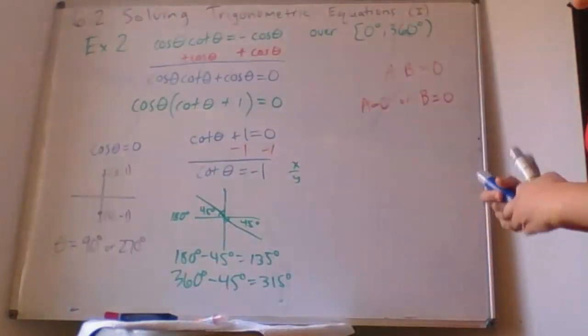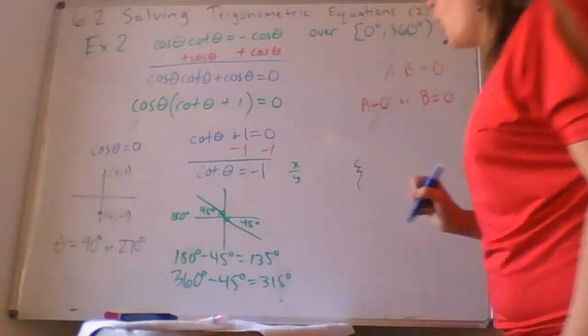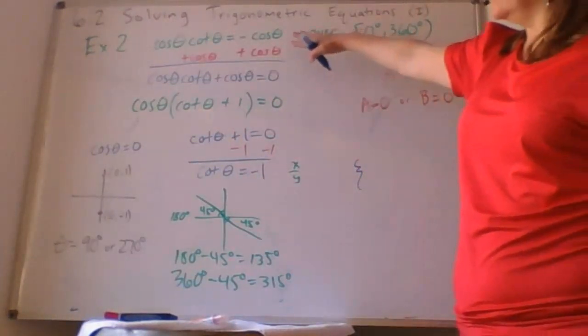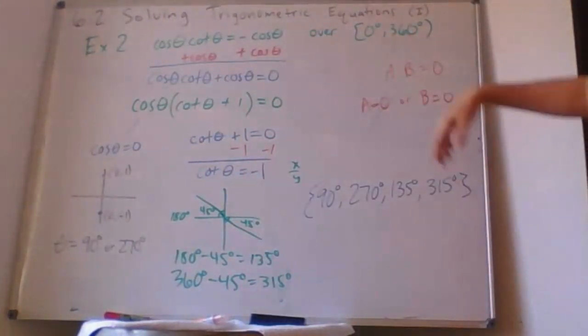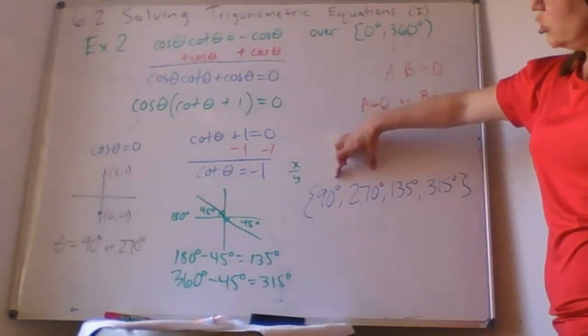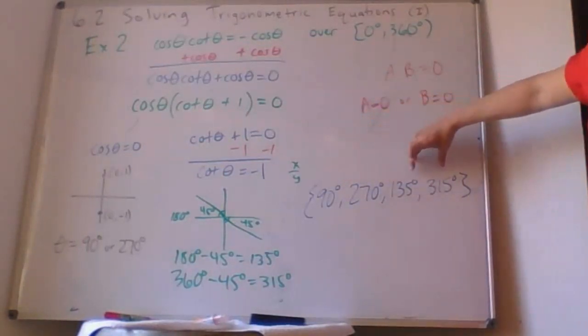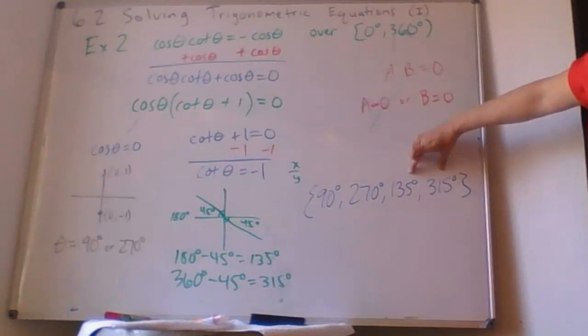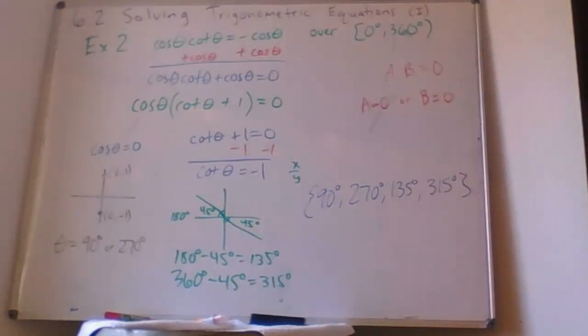Therefore, putting our answer all together, we have 4 angles that satisfy this equation. We get 90 degrees and 270 degrees in addition to 135 degrees and 315 degrees. So all 4 angles are solutions to our equation.